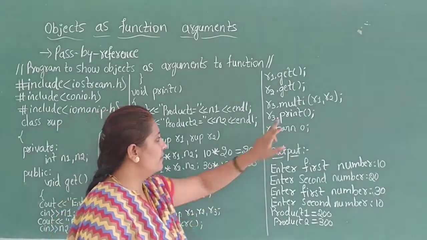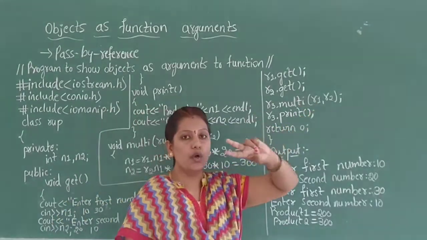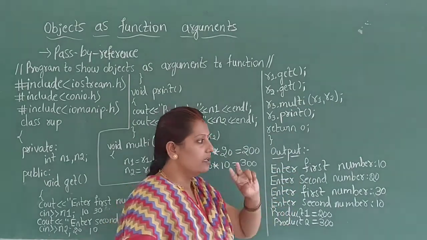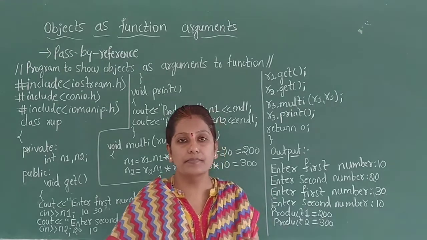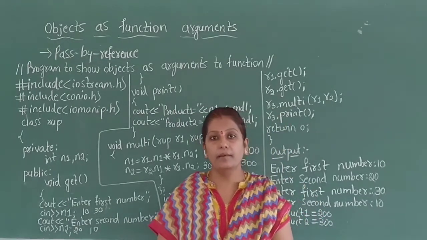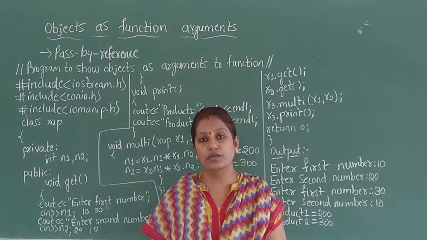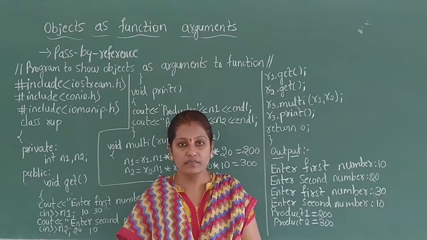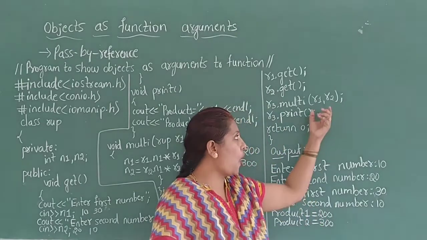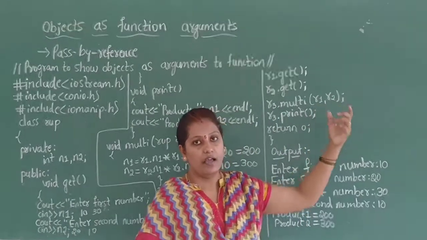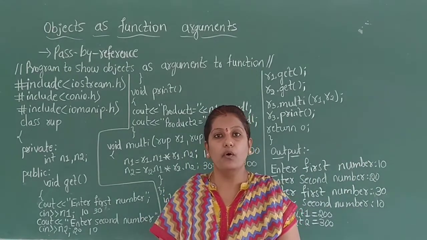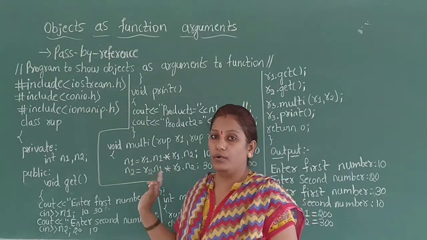And here we passed two object addresses to the function. This is called pass by reference. Nothing but here we are passing the address of objects to the function, and the function directly works on the object reference, and any changes to the object will reflect in the original value in the program.